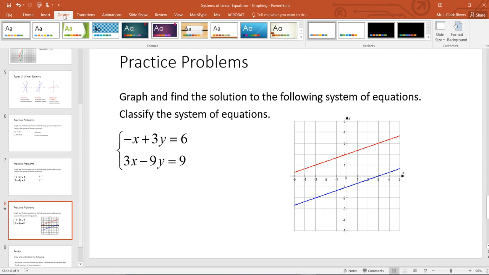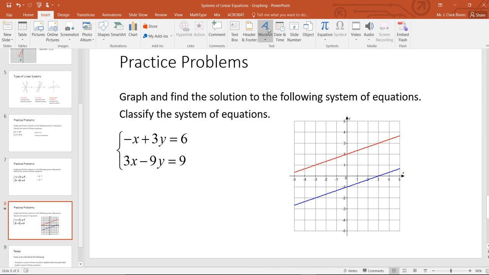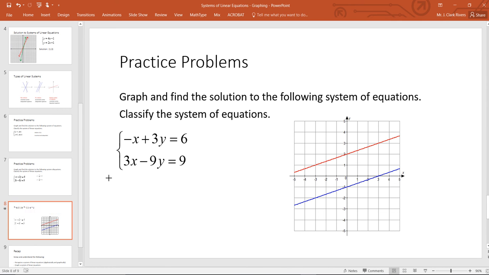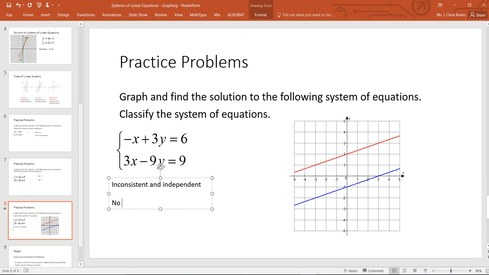Okay, let me write that. So that was inconsistent and independent. Again, inconsistent because they do not have a solution, and independent because they differ from one another. So you could say there is no solution here. No solution.